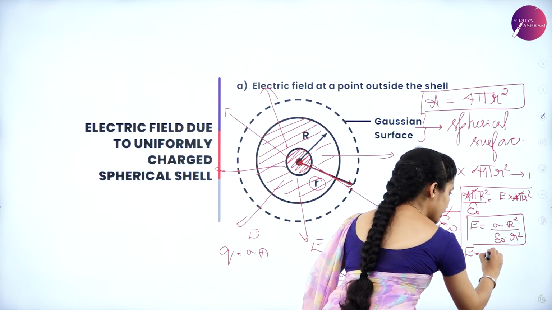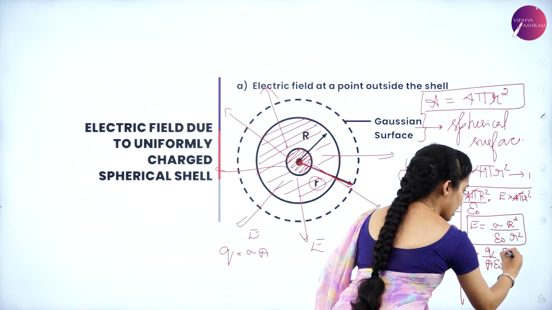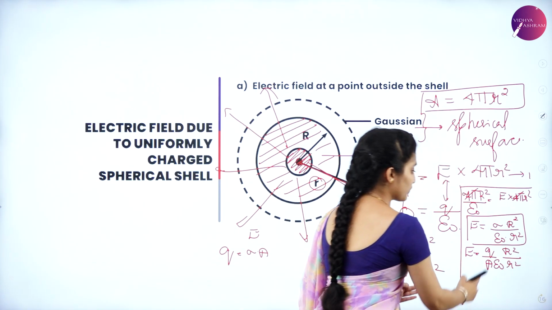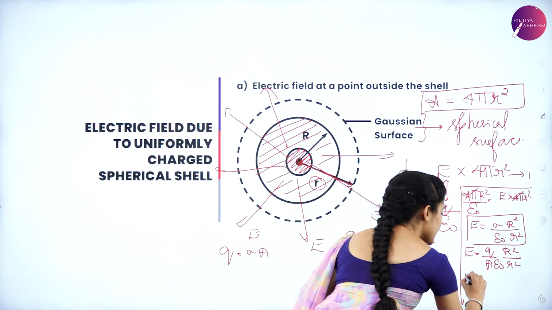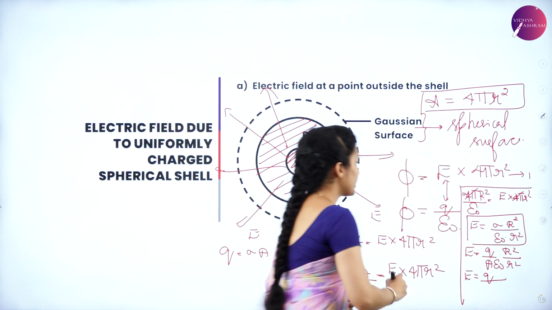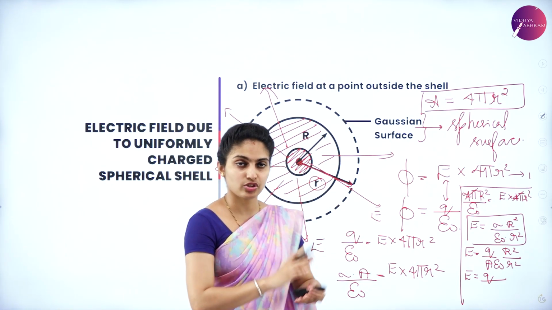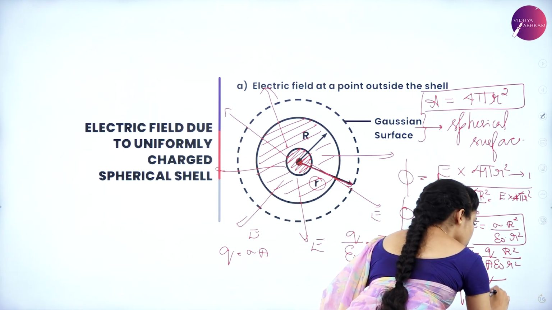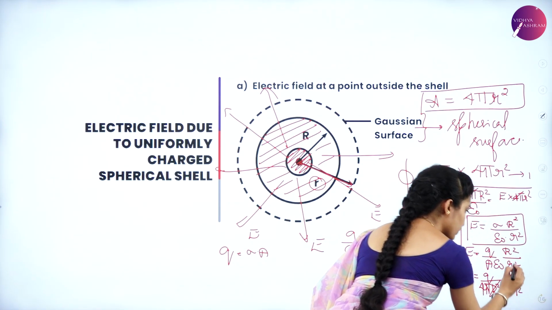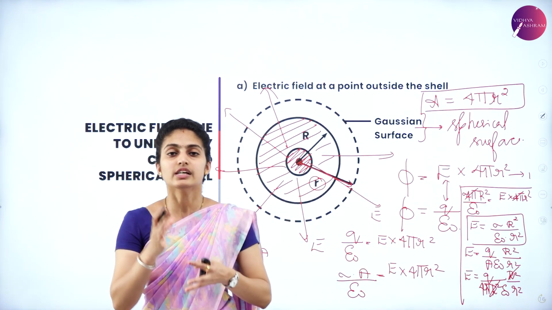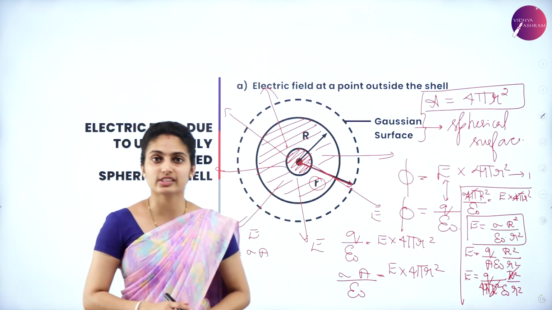Sigma is charge per unit area, that is the surface charge density, so E is equal to Q by 4 pi R square, times R square by epsilon naught r square, where the area is of the inside solid sphere, not the imaginary surface. The R square cancels, and whatever remains is the expression. That is all about the electric field at a point outside the shell.